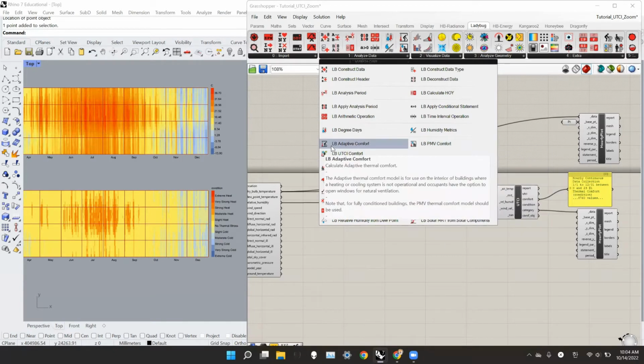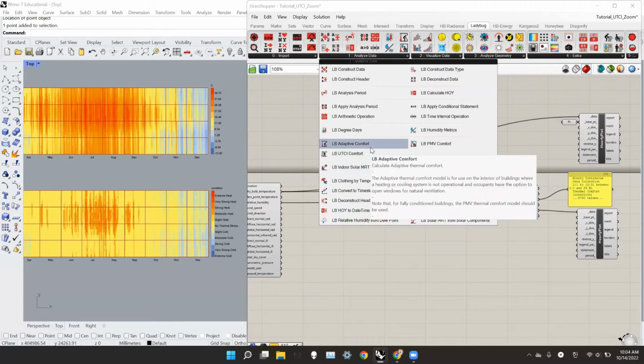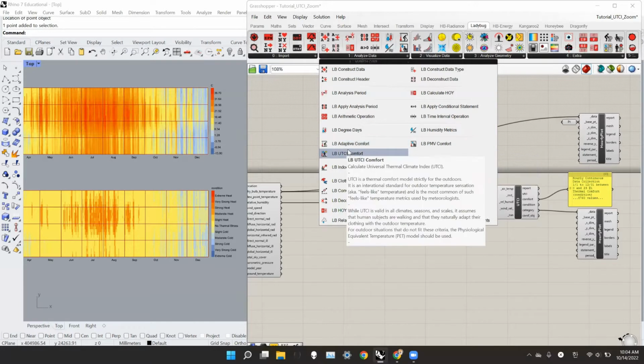And this one is adaptive comfort. It doesn't take the humidity into account. That's why it doesn't have the water drop, but still has the dry bulb temperature icon. The person is inside, but the activity is not limited to sedentary behavior.